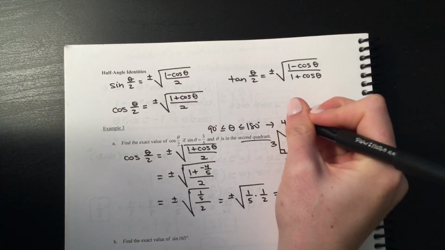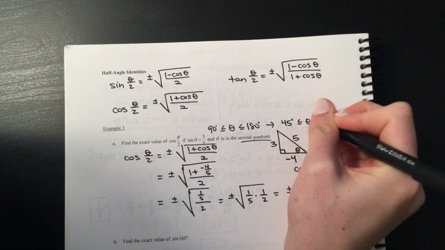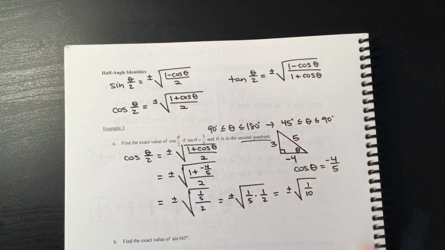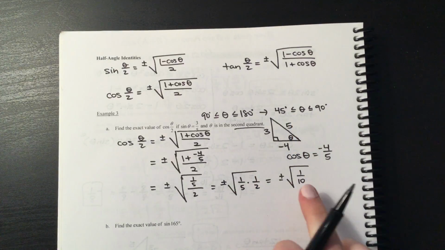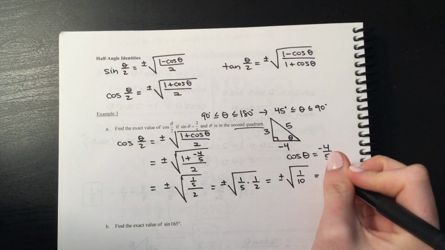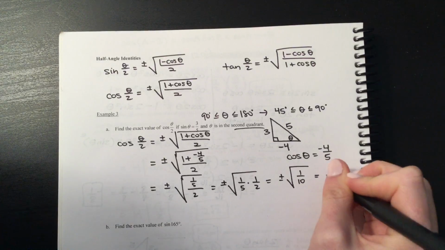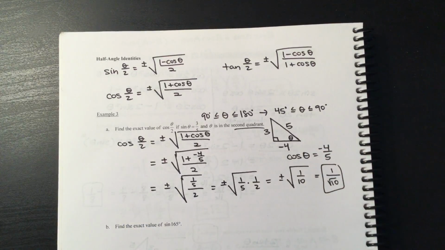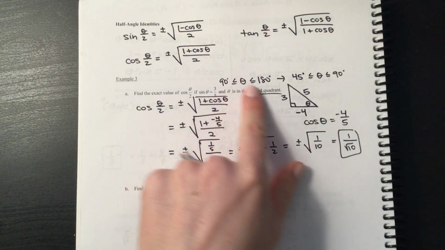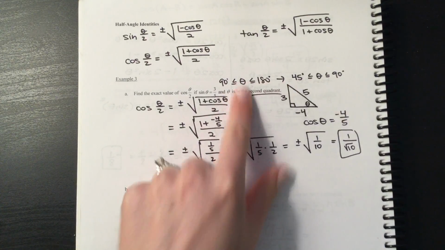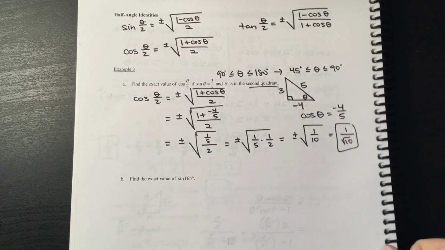If I cut the angle in half, then it's going to be somewhere between 45 and 90. And if it's somewhere between 45 and 90, then it's in the first quadrant, which means that this should be the positive value. So take the square roots, make them positive. Square root of 1 is just 1, so you're able to break that out of the square root. Okay, so that would be your final answer for that. And again, a little play with the angles here to figure out whether it would be positive or negative.